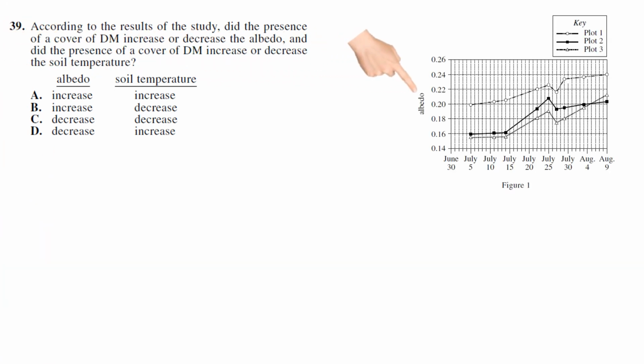Okay, so find the albedo chart. It's figure 1. Now, the tricky part is when you look at it, you might just look at one of these graphs and say, oh, well, it looks like it's going up, so it increases, right? Because there's a steady rise. But that's not really how you do this one. You have to actually figure out which plot has drilling mud on it, because this measures albedo, not drilling mud.